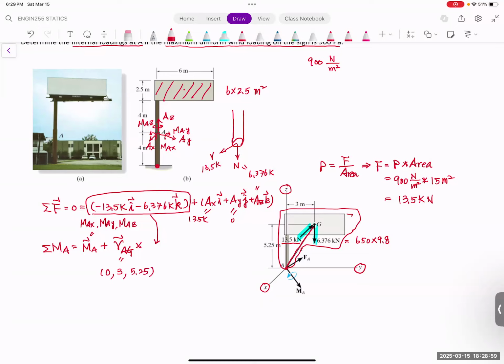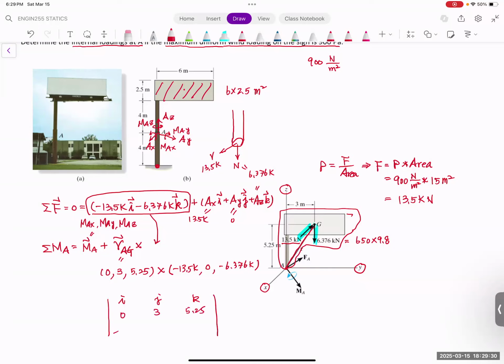And your force is going to be minus 13.5 thousand, 0 for the j, minus 6.376 thousand. And you do a cross. When you do a cross, how do you do a cross? You put i, j, and k. The second row is going to be the R: 0, 3, 5.25.